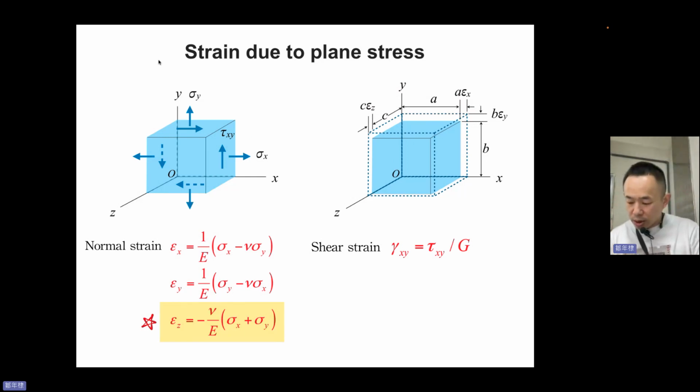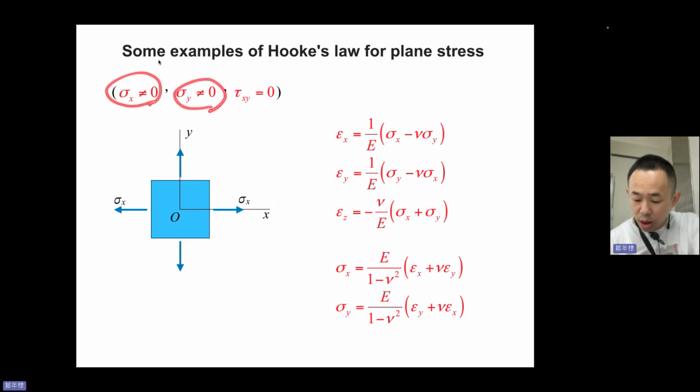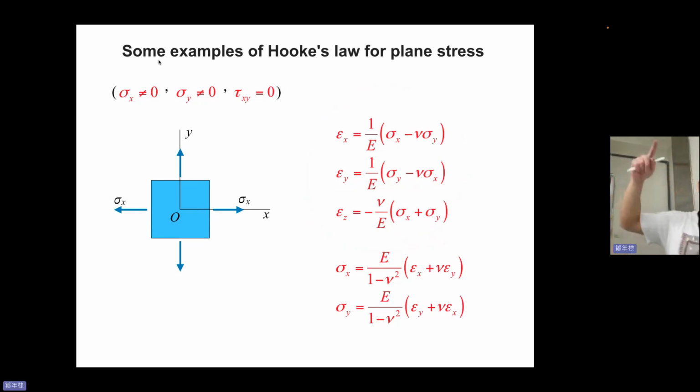All right, next one. Some examples of Hooke's law for plane stress. You see two axes, which means sigma x is non-zero, sigma y is non-zero, and tau xy equals 0. So this is epsilon x, epsilon y, and you see these three equations from the previous page.